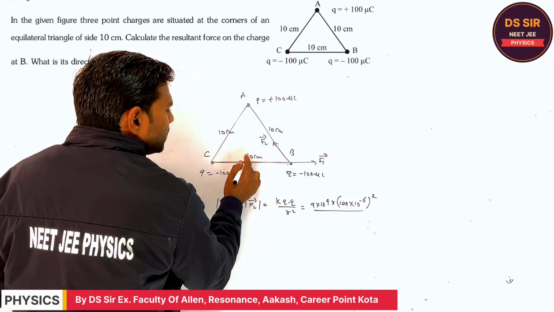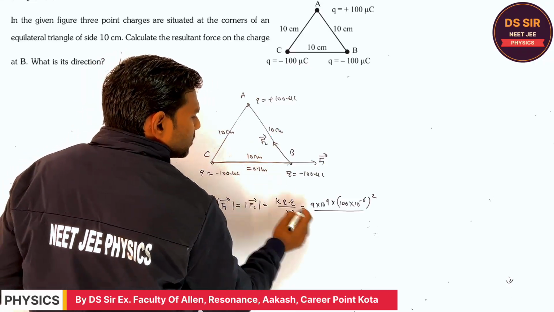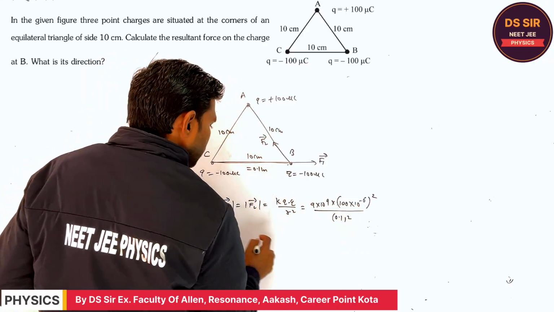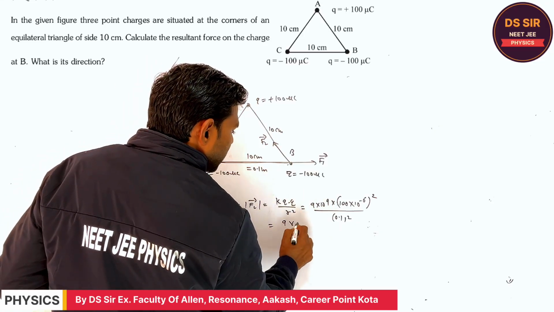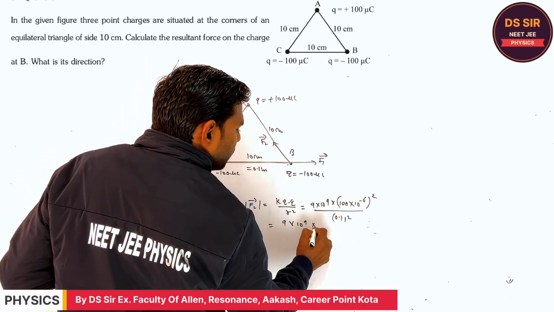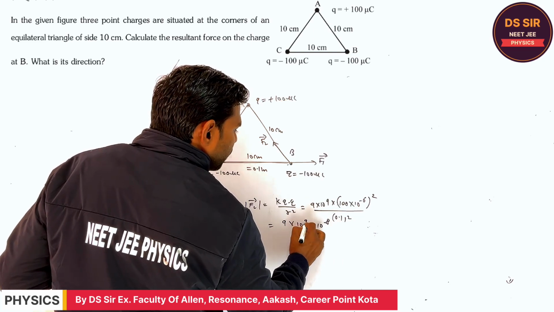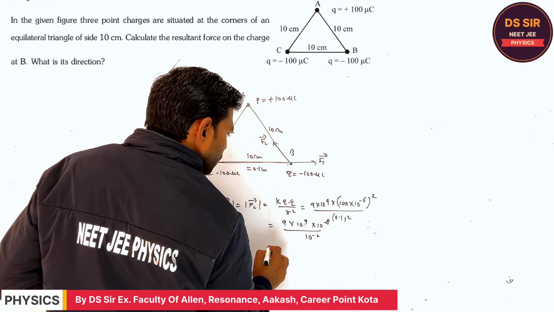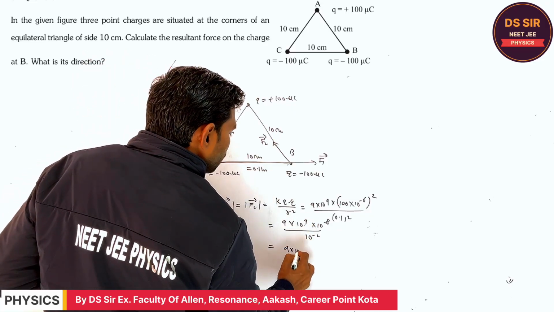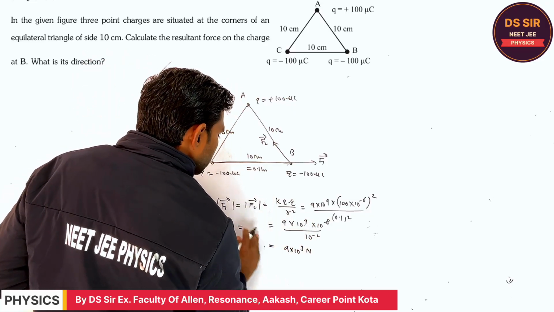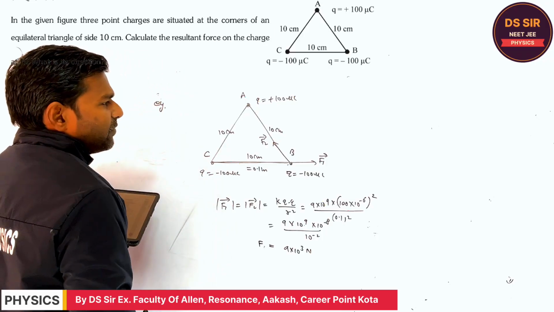Divided by distance 0.1 meter, so 0.1 square. You will simplify this. 9 into 10 to the power 9, this is 10 to the power minus 8, and this is 10 to the power minus 2. Fine. So it is equal to 9 into 10 to the power 3 newton is the force. I am assuming this is the F.